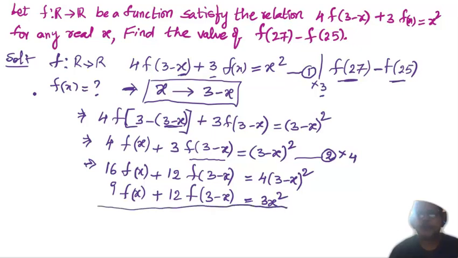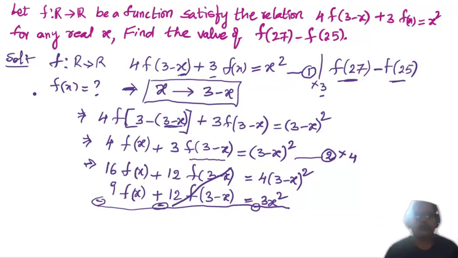Now if you subtract both of these, this 12 f of 3 minus x will get cancelled.